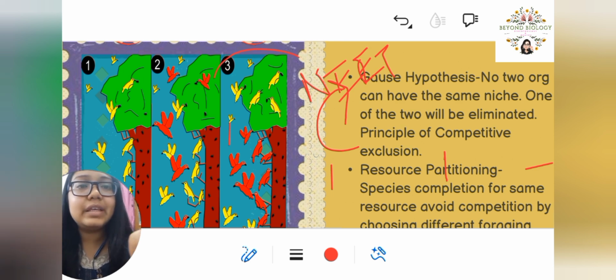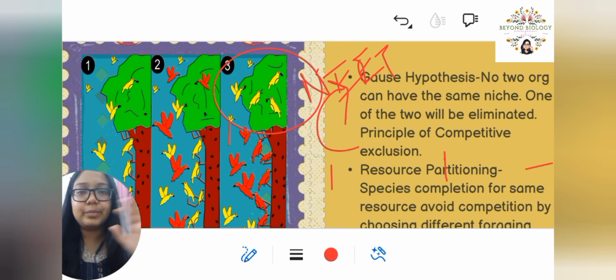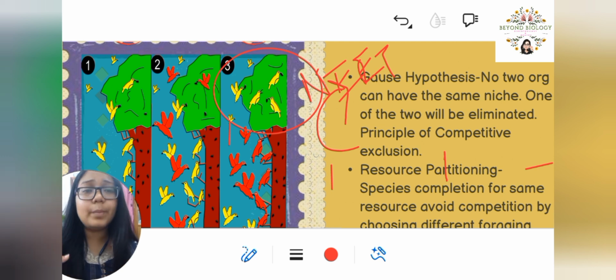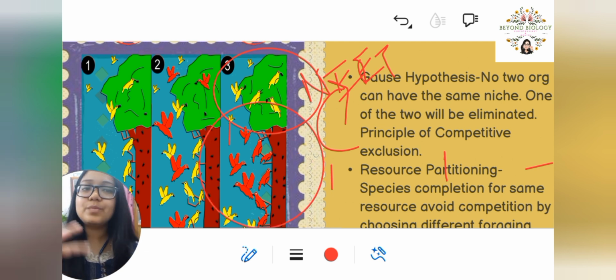Let me explain. The yellow birds are taking the upper part of the tree, that is the crown, the leaves, the branches, foraging on the insects, and the red birds are foraging on the lower part of the tree. In this way, resource partitioning occurs.